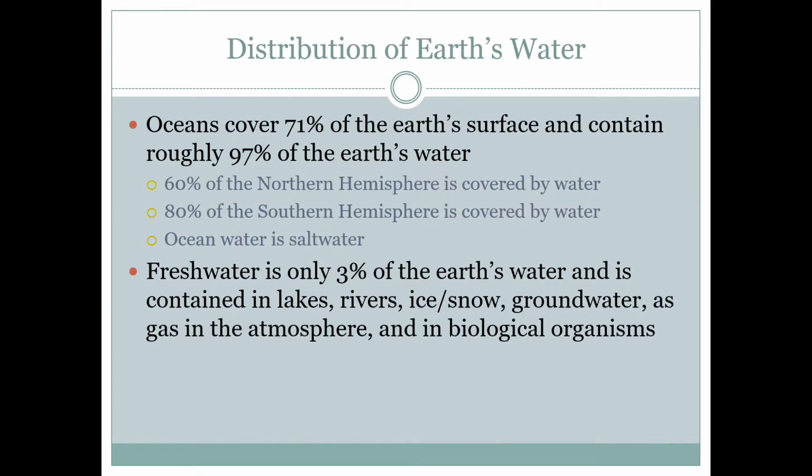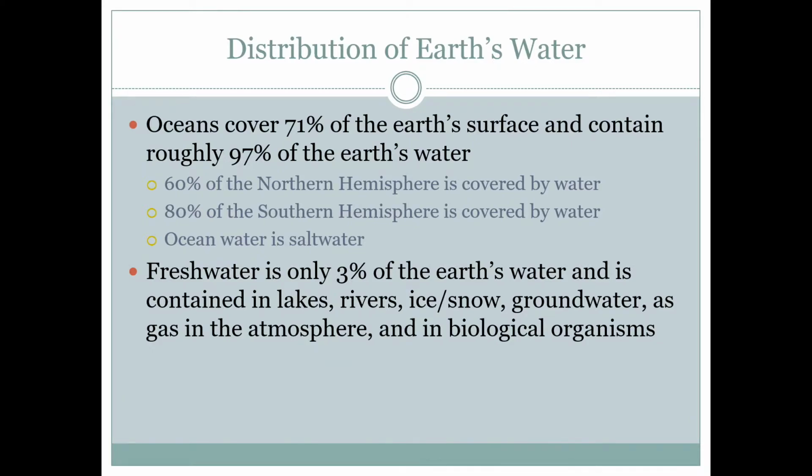And that ocean water is salt water. So it means 97% of the Earth's water is non-potable. We can't drink it. So if 97% of the Earth's water is salt water, fresh water is only about 3% of the Earth's water.